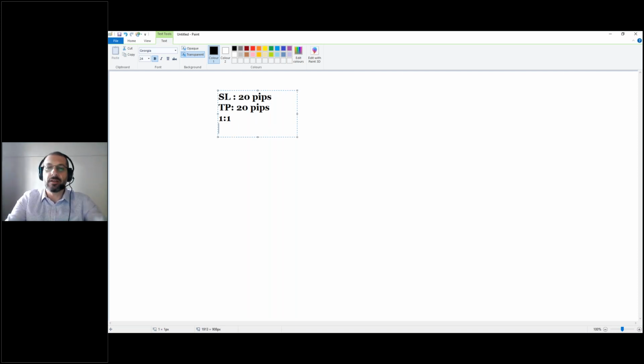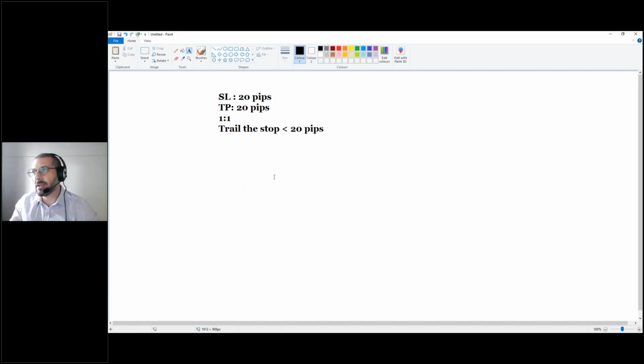But we're going to try to trail the stop, so if we do get stopped out, it's going to be less than 20 pips. If we can get out for less than 20 pips, or if we hit our take profit of 20 pips, we'll regard it as a successful trade. At the very worst, we'll get stopped out for 20 pips or thereabouts.